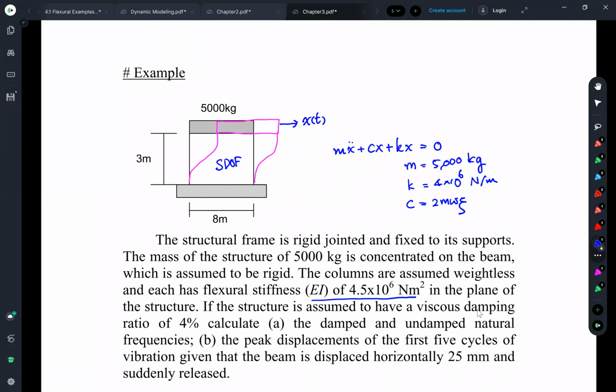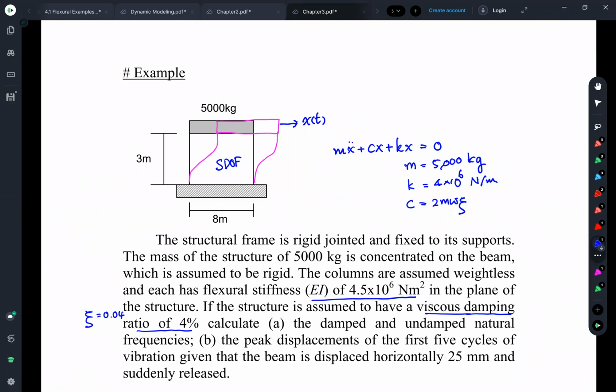You know M already. You don't know yet about the omega. The damping ratio is 4%. This is telling you psi equal to 0.04 already.